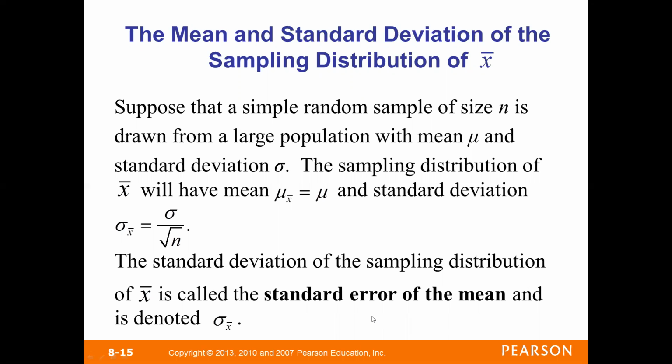When you run some things on StatCrunch later on, you'll see a column, and you've actually already seen some of this before when you looked at the linear regression. There was a column that had standard deviation, and then next to it, it had standard error. The standard error was the column that would have given you the error or the standard deviation of the sampling process.